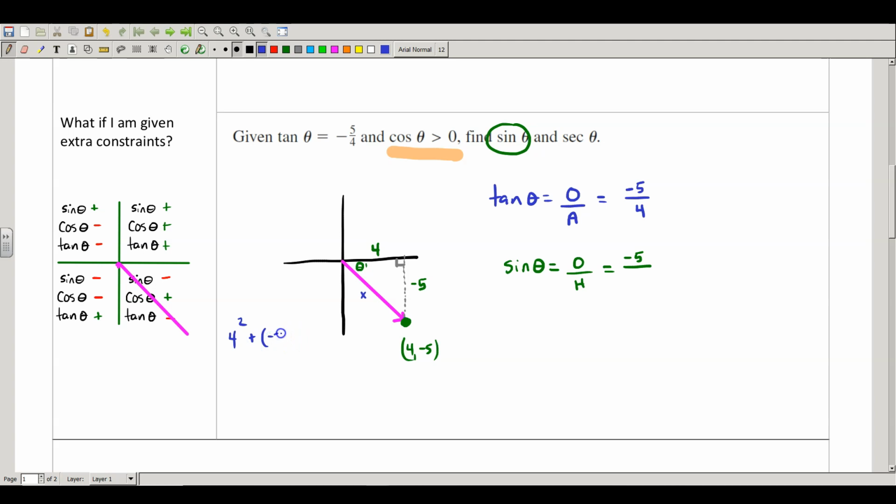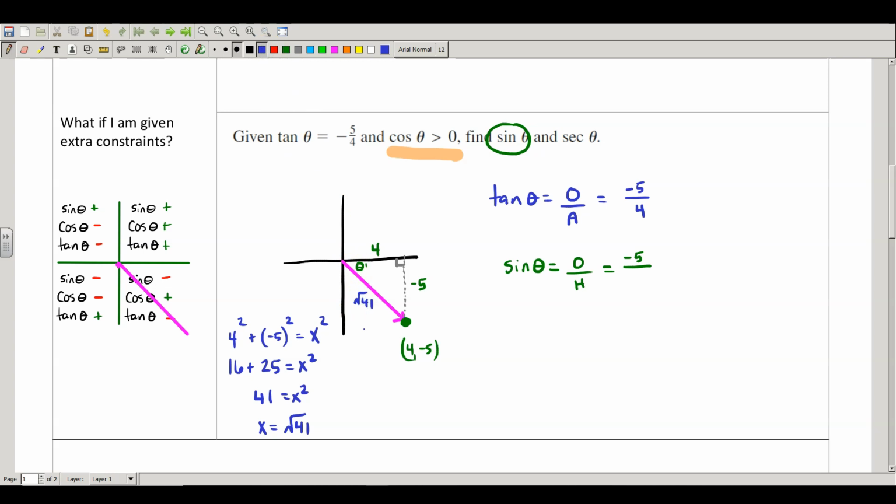It's really 5 squared, but I can put -5 squared because that's still going to be positive, equals x squared. So 16 plus 25 equals x squared, so 41 equals x squared. Therefore the hypotenuse, if I take a square root, would be the square root of 41. So this value right here is root 41.